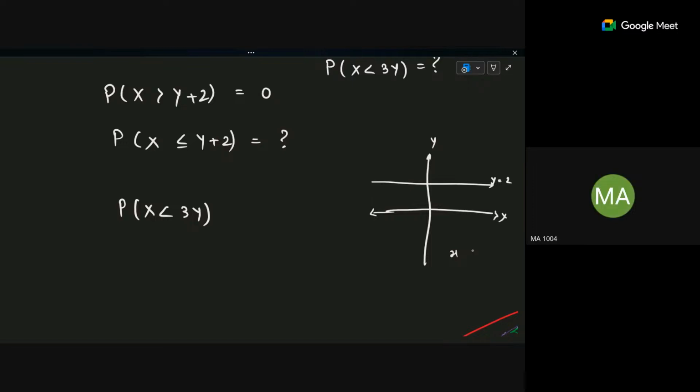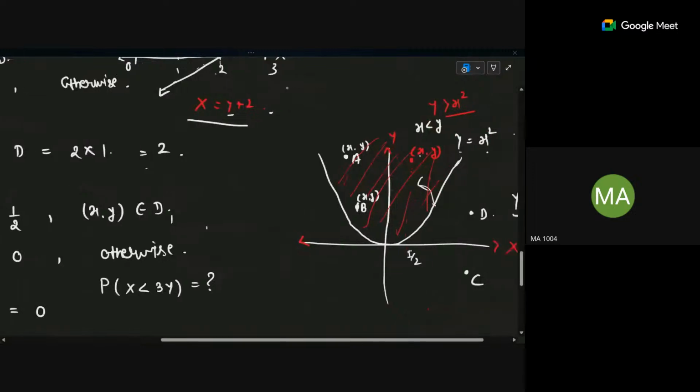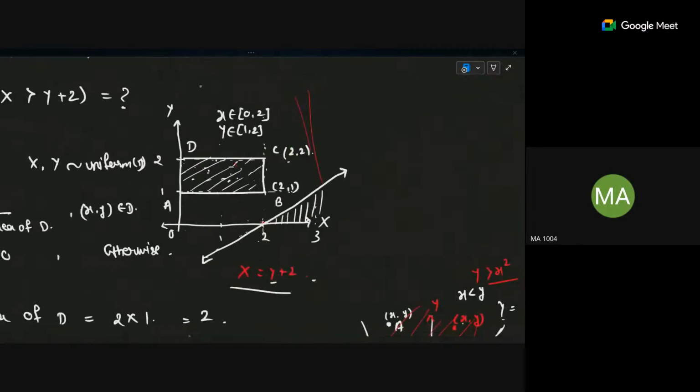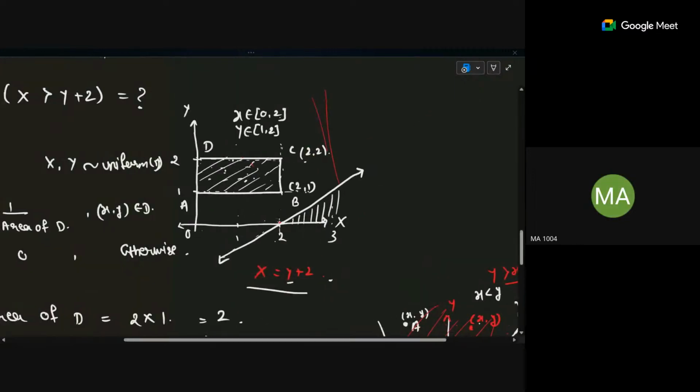In the previous graph, when we take y equals 2, x will be 4. When we plot, what will be the graph?